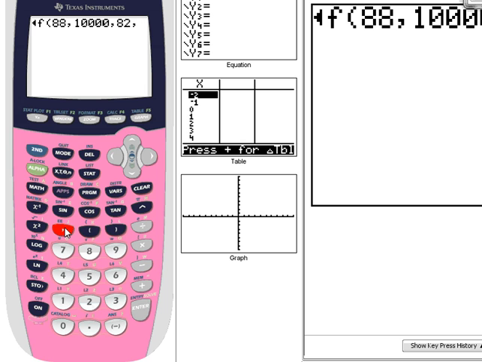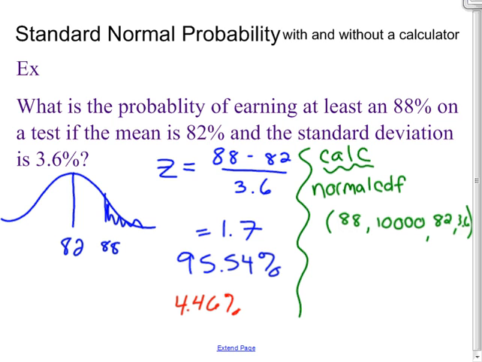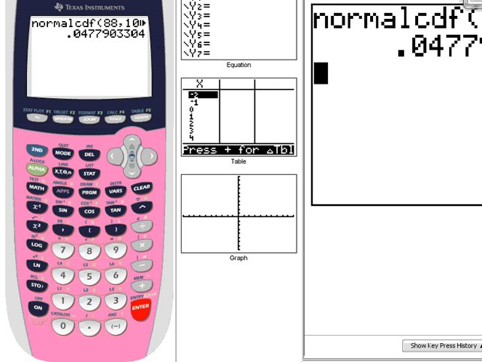Comma. And my standard deviation is 3.6. Hit enter, and it tells me it's 0.04779, which is 4.779%.